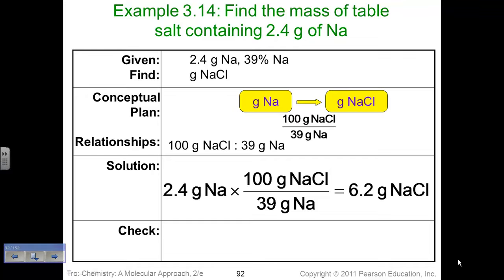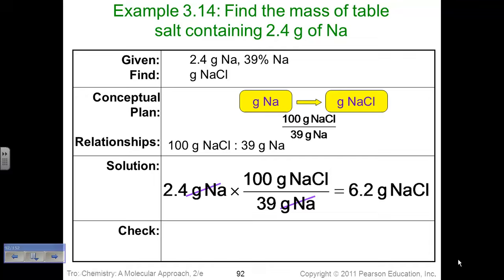We want NaCl given grams of Na. We want the grams of Na to cancel, so it gets placed on the bottom. The mass percentage of 39% by mass Na tells us 100 grams of NaCl set over 39 grams of Na.